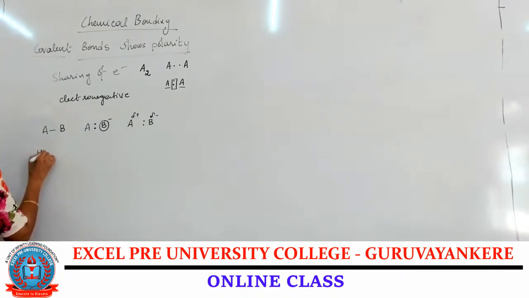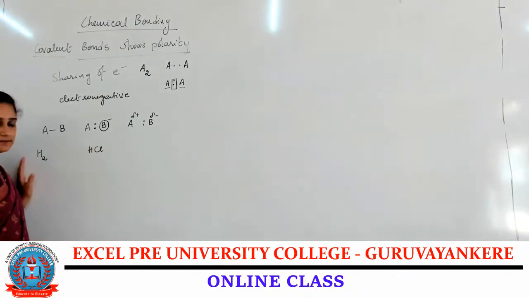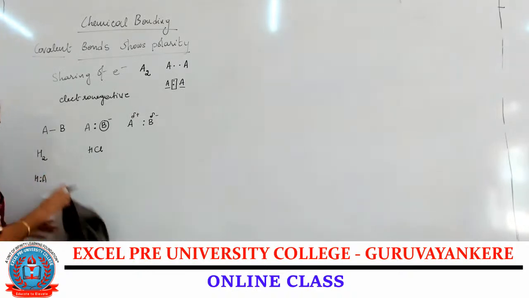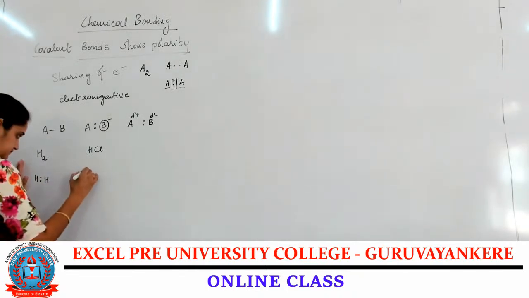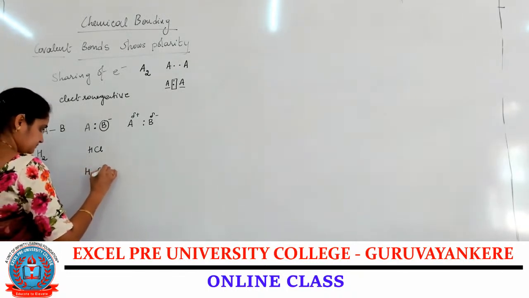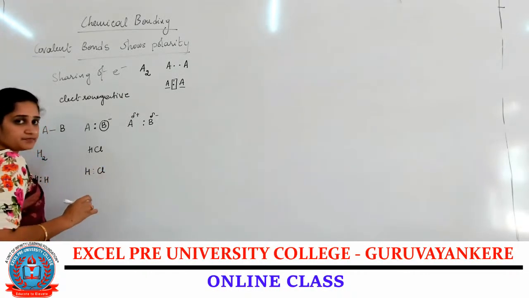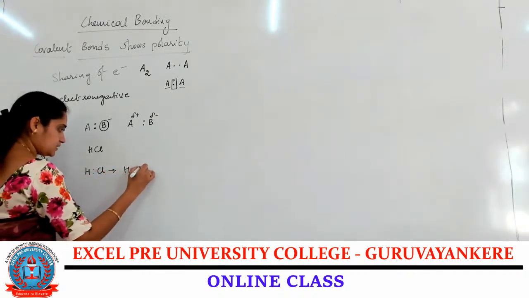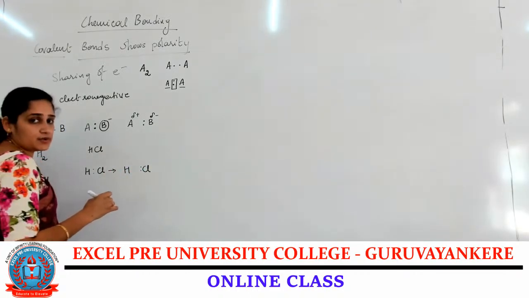Let me consider one example, H2 and the formation of HCl. In the hydrogen molecule, a shared pair of electrons is present between the hydrogen atoms. In HCl, the shared pair of electrons is present at the center, but after some time that electron pair gets attracted by the chlorine atom, because chlorine is an electronegative element.